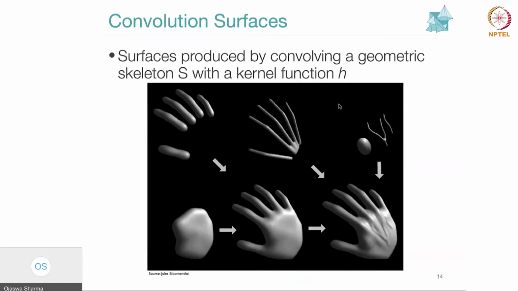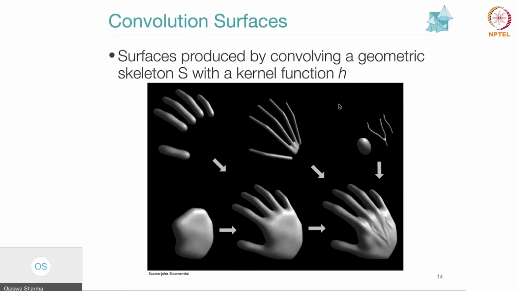So the making of this hand is then defining various skeletal elements and placing them at the right place. For example, fingers, the skeletons, and the veins, the base of the hand, the palm, they all have different skeleton elements, and then convolved together with a kernel function.